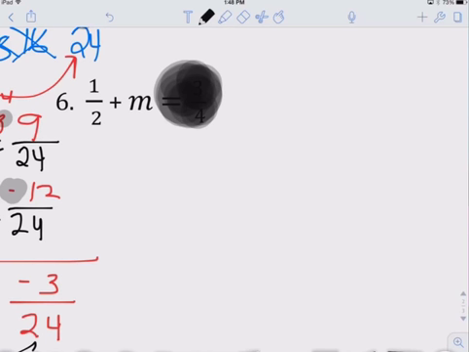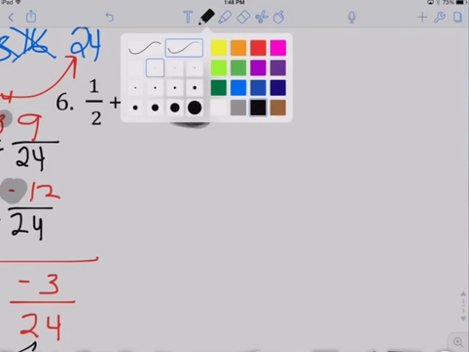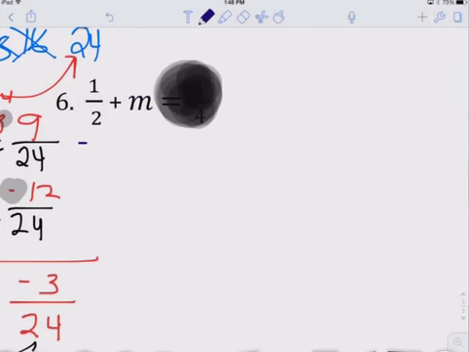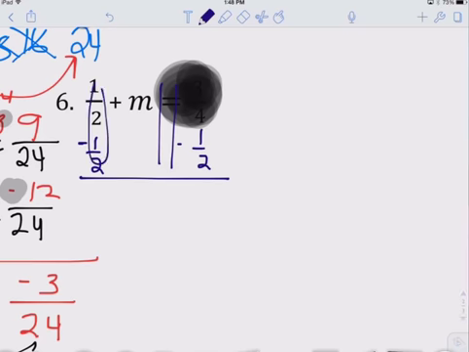Now you have to make the number equal to 0. 1/2 minus 1/2 is 0. So on the other side, you have to minus 1/2 also. That's 0 plus m is m equals 2.